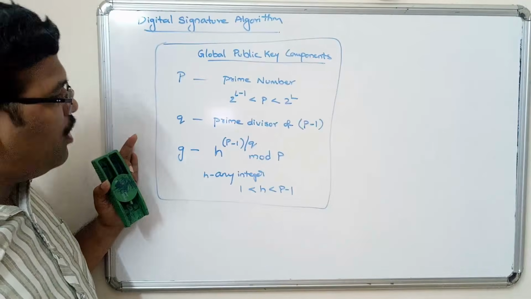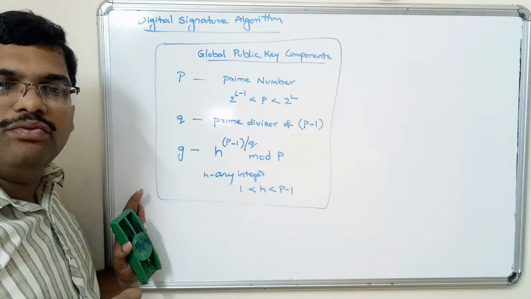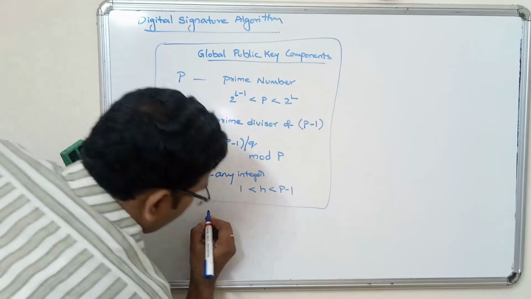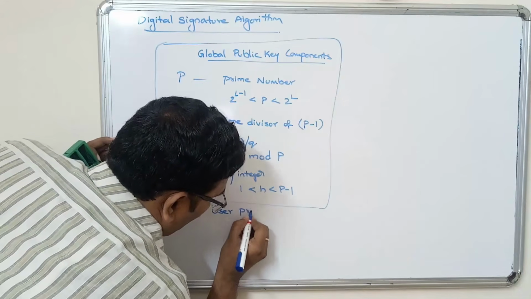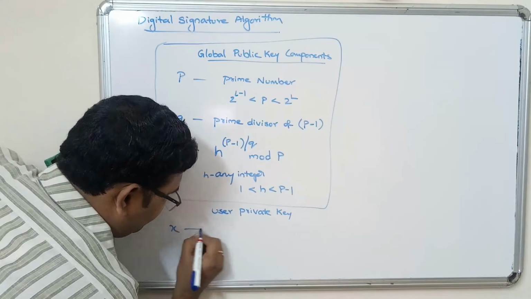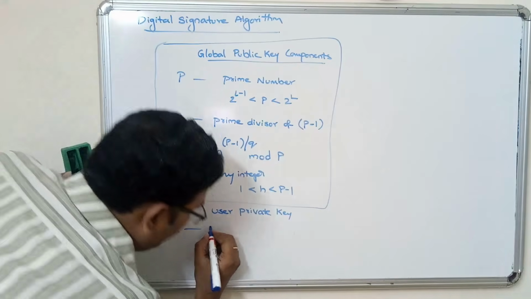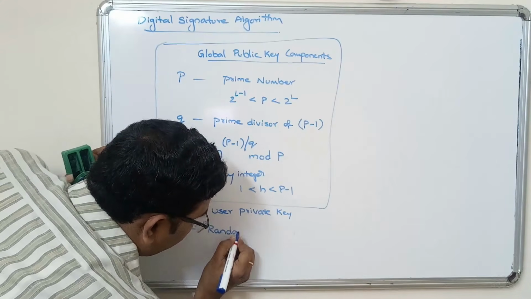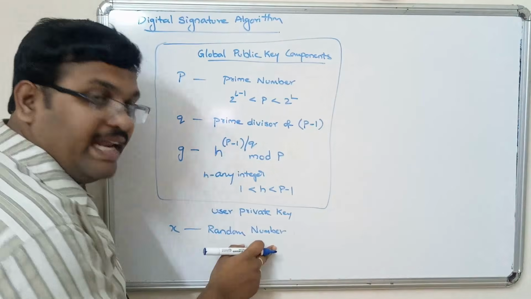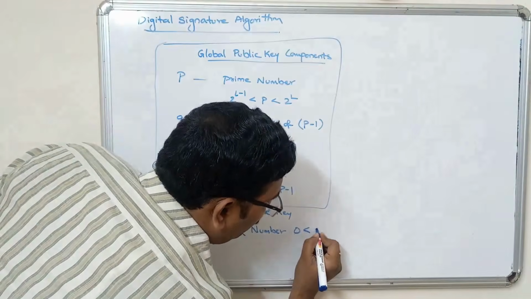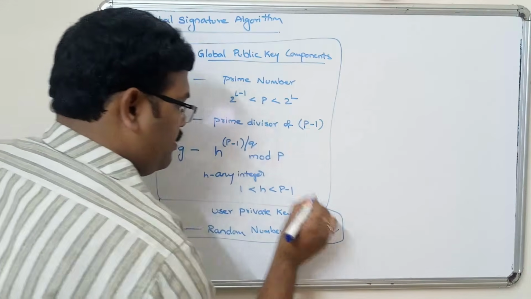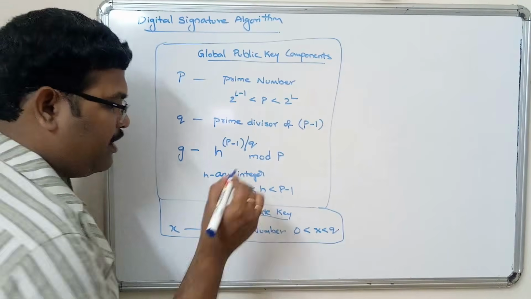After getting all these things, now we have to select the private key of user A, which we call X. X can be any random number in between 0 and Q. This is the user's private key.